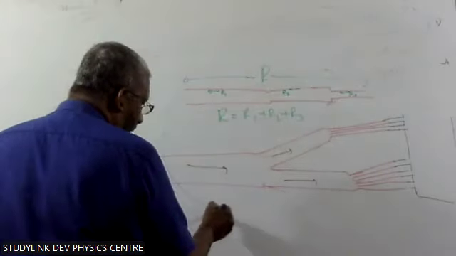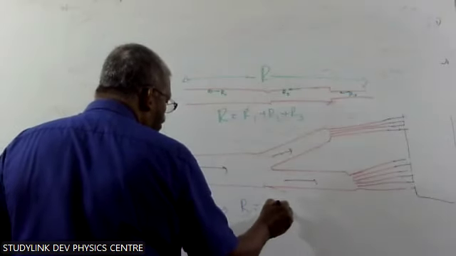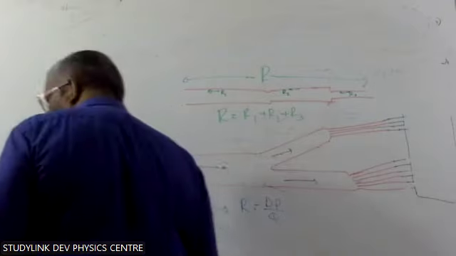If you apply for this, R is equal to delta P over Q. That is a given equation.